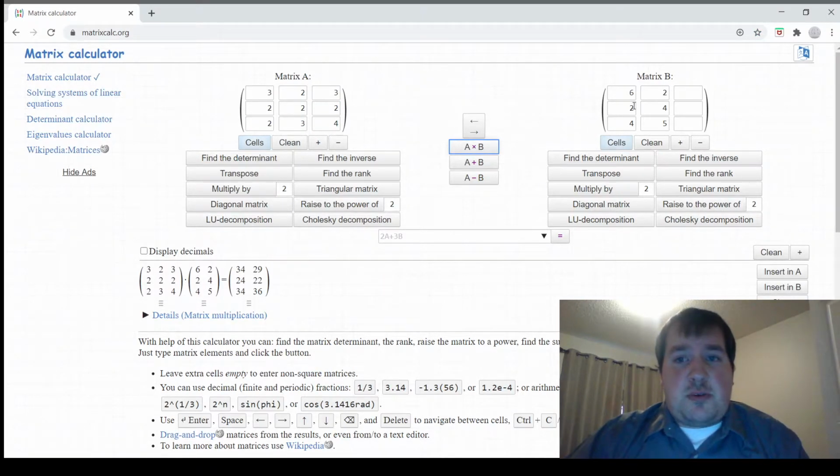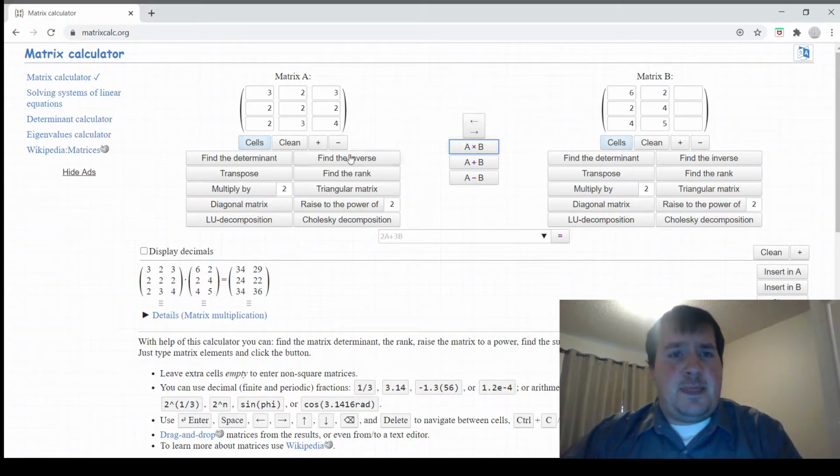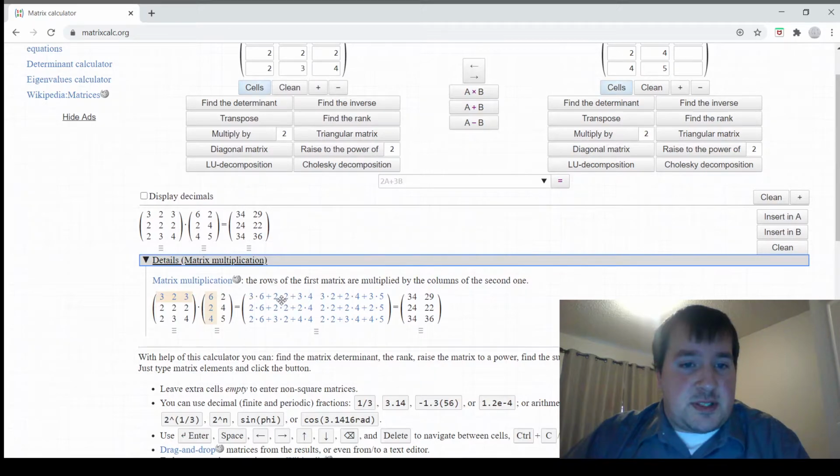So this is a 3 by 3, 3 by 2. So we have a 3, 3, they match. Since it's 3 and 2, we know that it's going to be a 3 by 2. So the size of your new matrix is going to be equal to your rows of your first and your columns of your second. Again, this shows you all your steps.